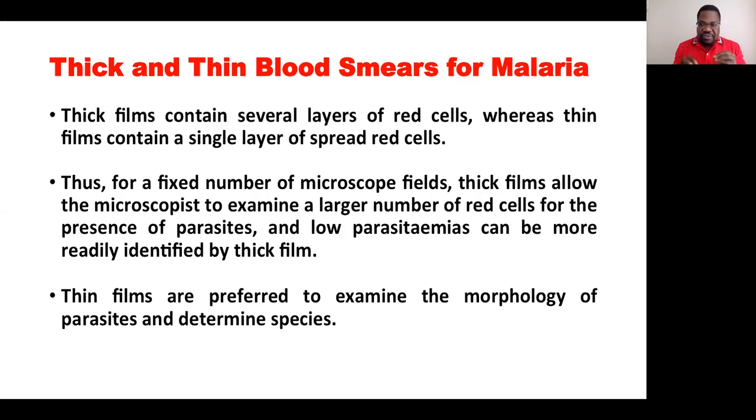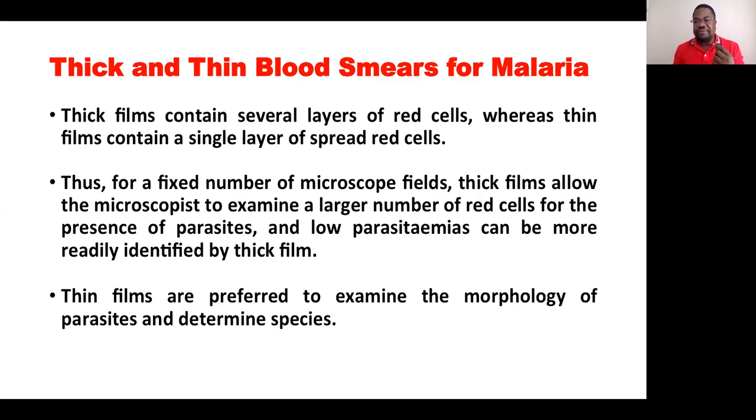Now, the difference between the thick and the thin is that the thin smear helps you to know the morphology of the parasite in order to determine the species. But the thick smear will just tell you if there are parasites, although you will not be able to appropriately determine the morphology of the parasite and identify the species.